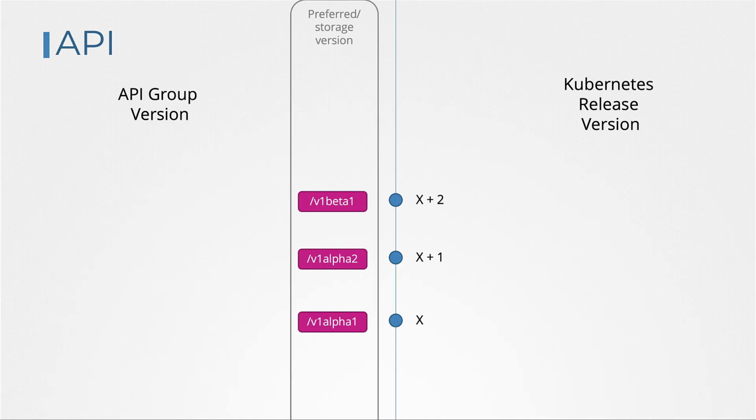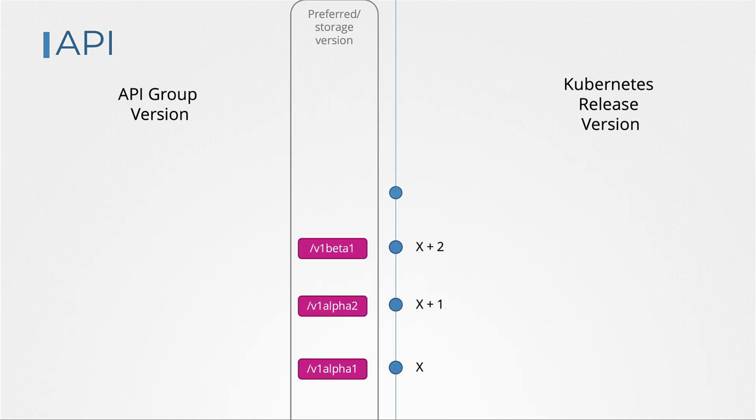So continuing to the X+3 release, now on X+3 we have v1 beta 2 released. Now, as we discussed earlier, from the beta version onwards, it is required to have the previous beta release, which is v1 beta 1 in this case, as part of this release. So this release has both the new beta version as well as the previous beta version. The v1 beta 1 version is now deprecated.